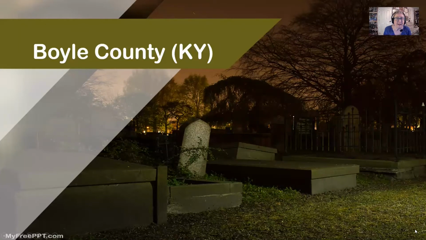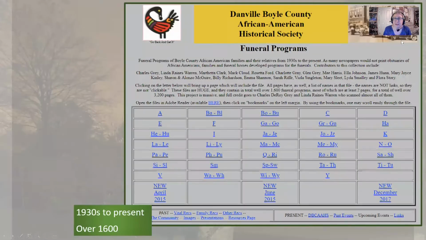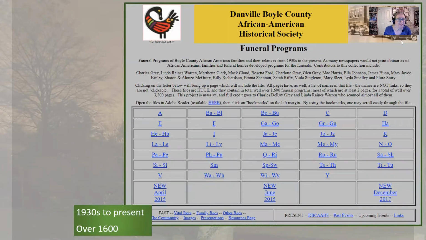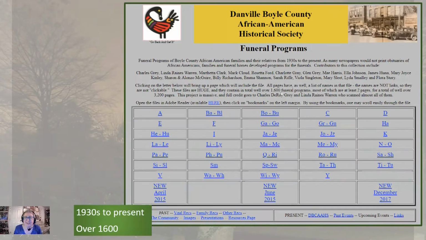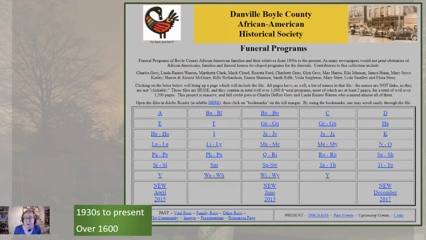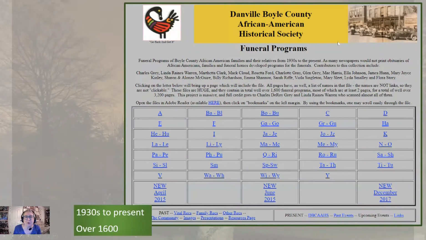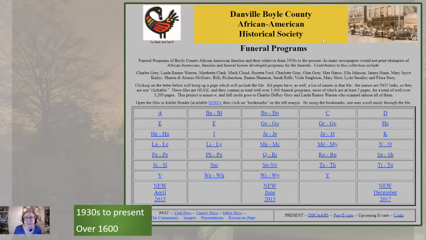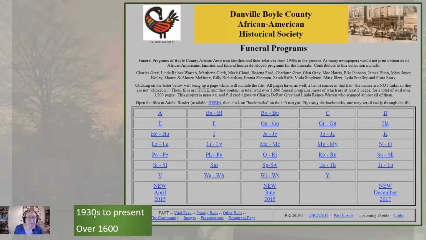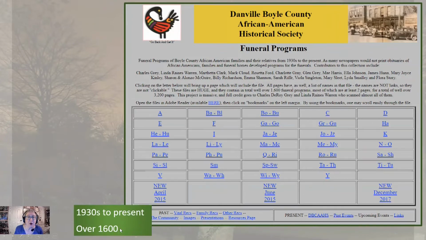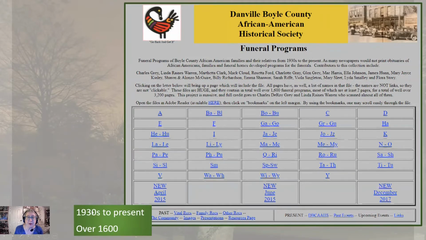Boyle County, Kentucky. Now, this might not be as glitzy looking a website, and yet it doesn't take away from the value of what it includes. We have a tendency sometimes to get caught up in appearances, and with technology, it's progressing. The Danville Boyle County African American Historical Society has a collection of over 1,600 funeral programs covering 1930s to the present.